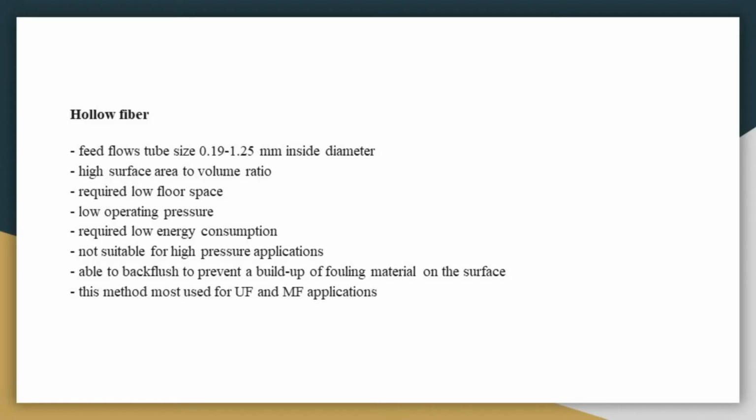Okay, the second one is hollow fiber, where the feed flow tube size is 0.19 to 1.25 millimeter inside diameter. It requires low operation pressure and low energy consumption, but it's not suitable for high pressure application.